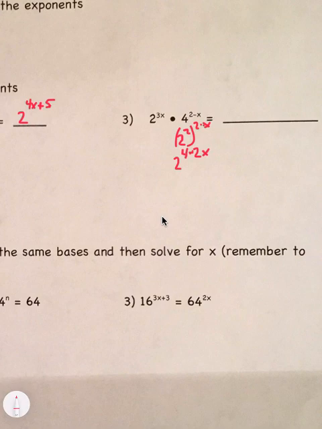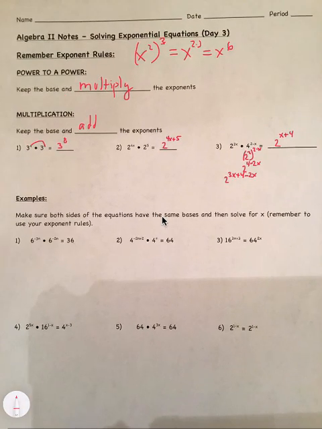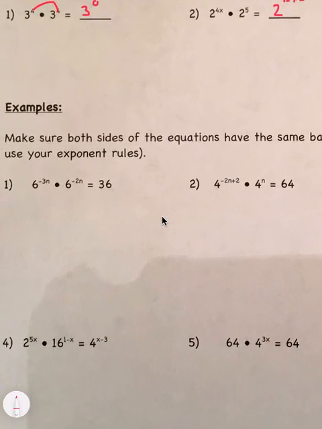So that becomes 2 to the 3x plus 4 minus 2x, because we add the exponents, which ends up being 2 to the x plus 4. Okay, so that third one is a little more difficult because we had to get like bases and then use our exponent rules, power to a power. So now let's go through some of these examples.